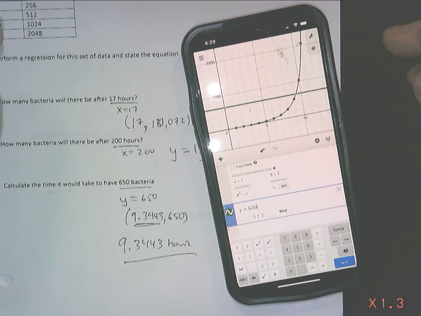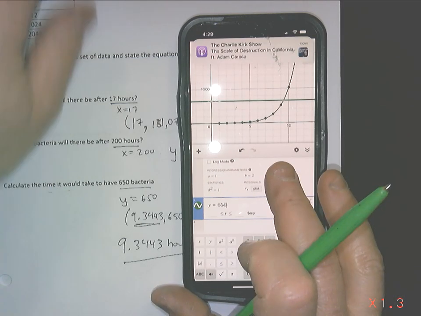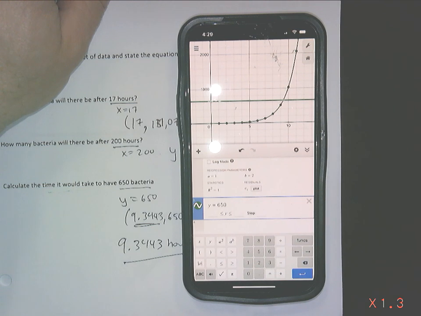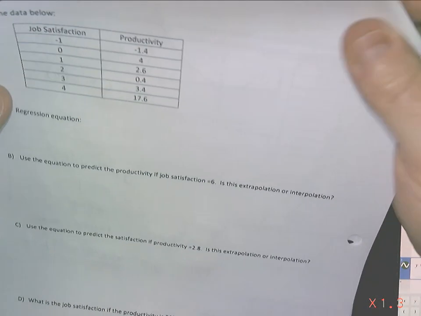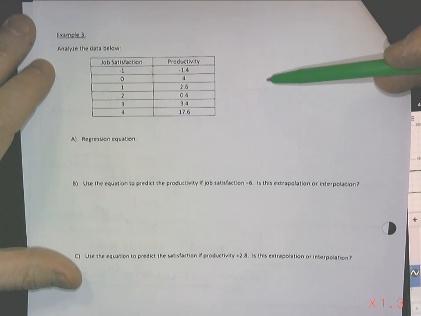Okay, I am going to leave it at that because I think that lesson is more than sufficient. So what I'm going to get you to do is work on this example, and I'm going to make that available in class. Go through the questions.